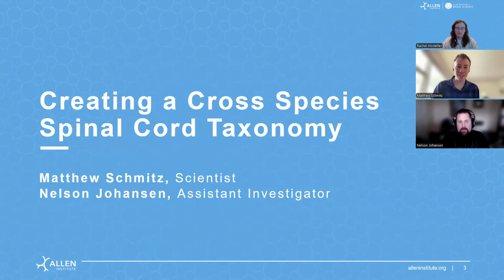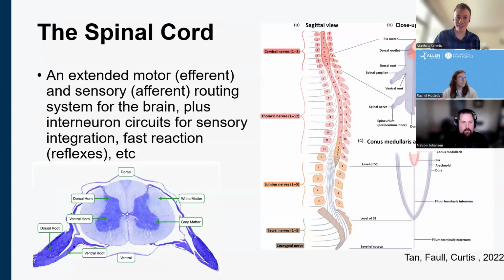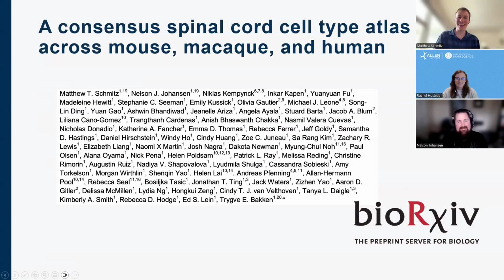Great. Thanks, Rachel. So today we will be talking about some work which you can read about on bioRxiv. And this is a little bit of the results and a little bit of how the sausage was made, to give you a picture of how these taxonomies get built and then what you can do with them.